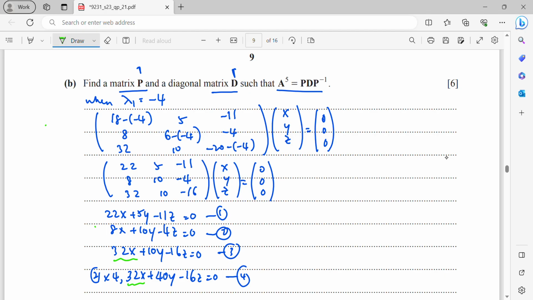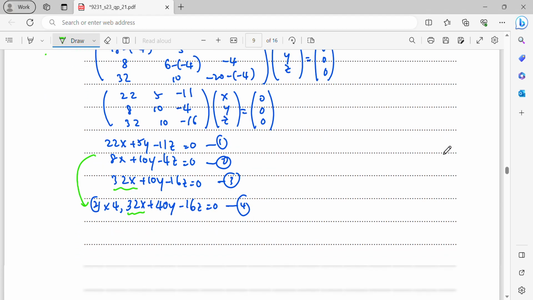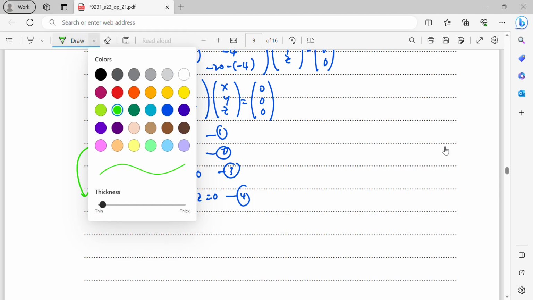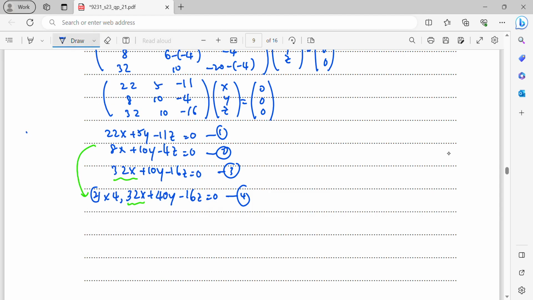Instead of the second, I have changed it to a fourth equation. Now I add the third and fourth together. When you add them, the x is cancelled off, I get 50y, and the z is cancelled off, which means I get y equals 0 directly.